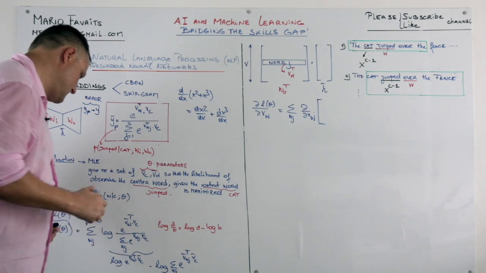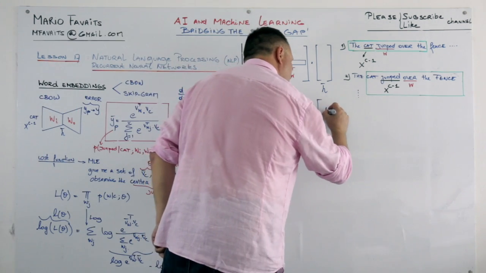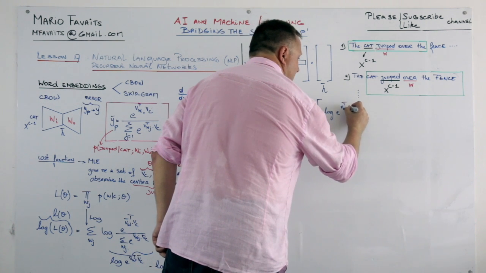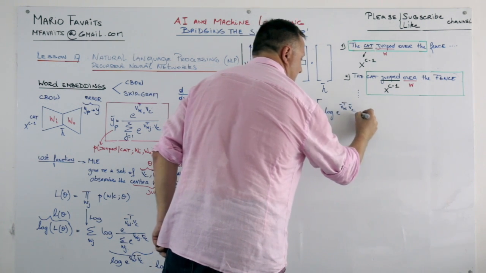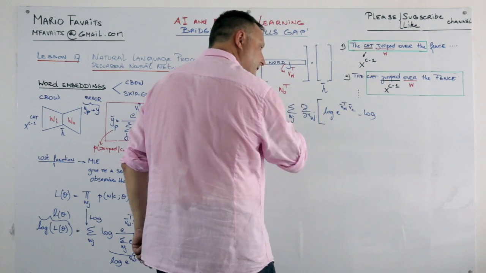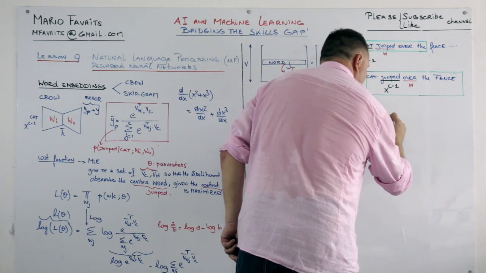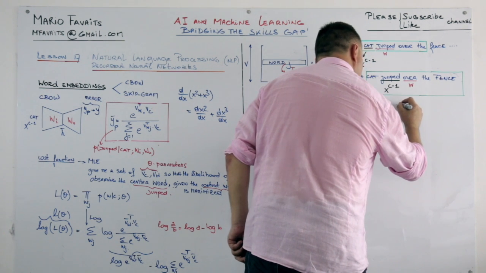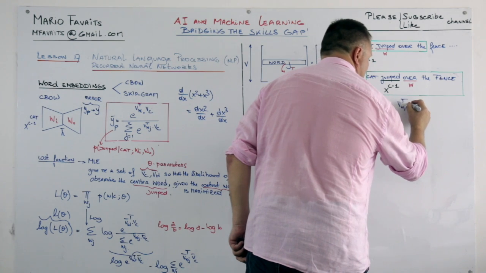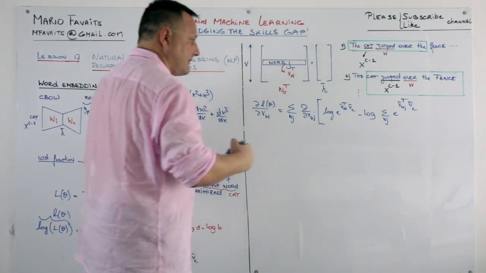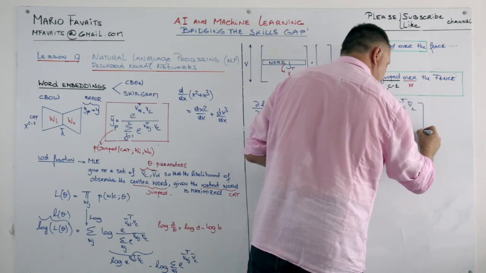Then I have the derivative with respect to Vw of the log of e to the Vw transpose Vc, minus the log of the sum over all words of e to the Vwj transpose Vc. That is just simple algebra.